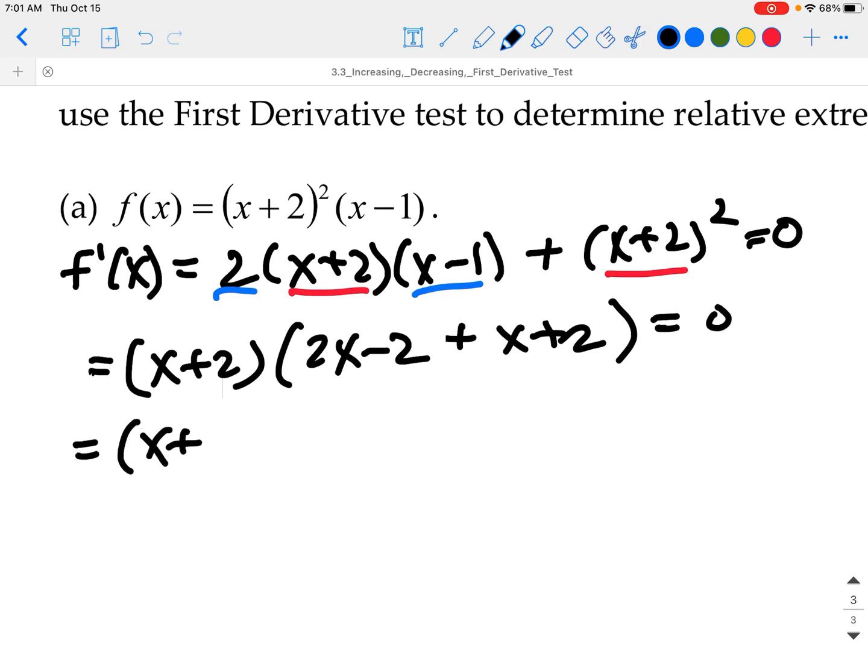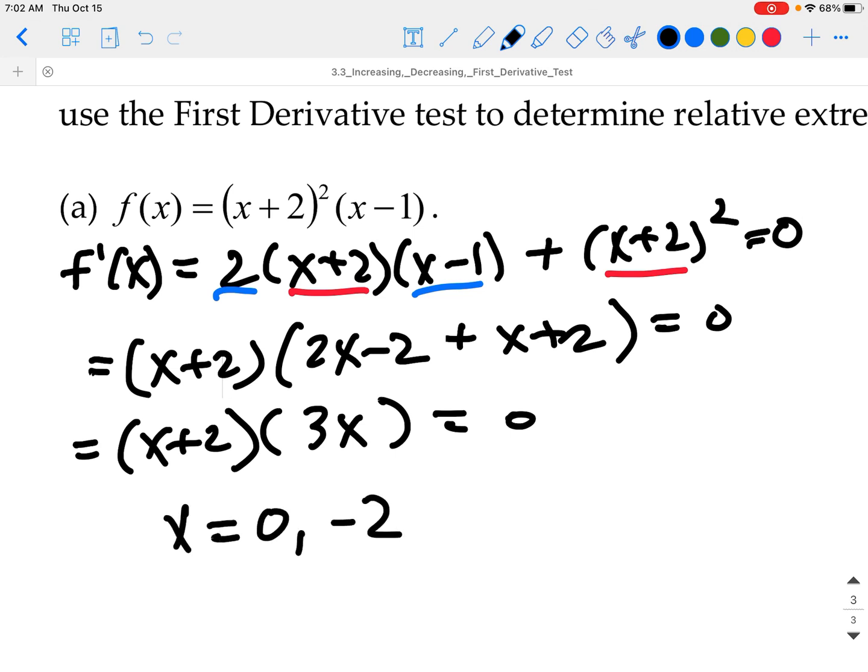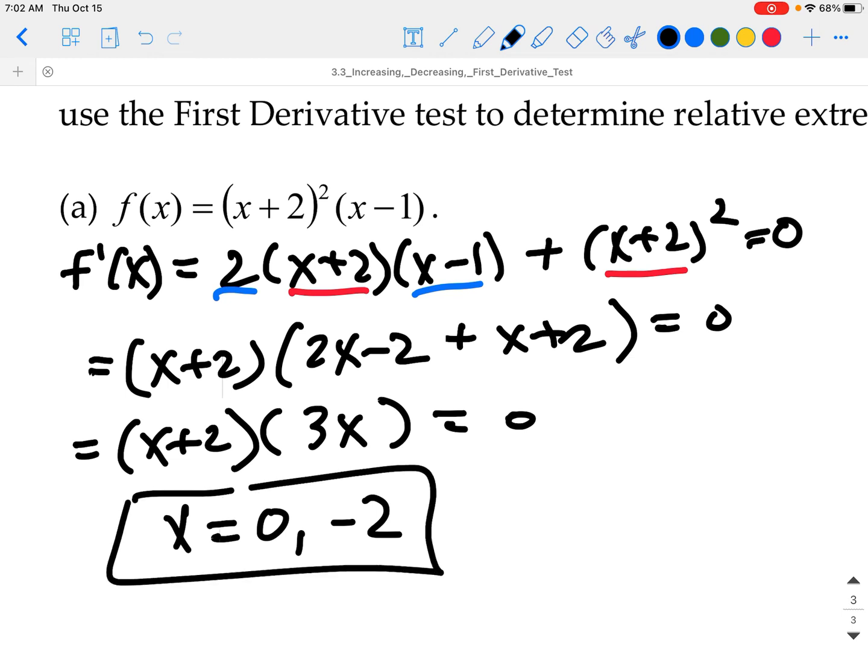So let's go ahead and simplify completely. So we'll get 3x. Interesting. So it looks like we're going to get x equals 0 and -2 as our two critical points.